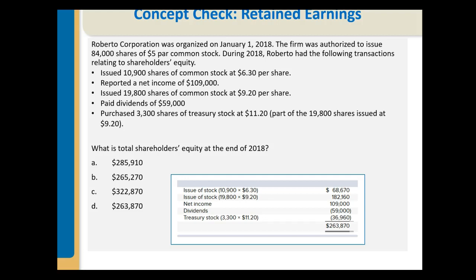So as you can see, when you total the issuance of stock, then you add the net income, subtract the dividends, and subtract the treasury stock, you will notice that the correct balance would be the $263,870.